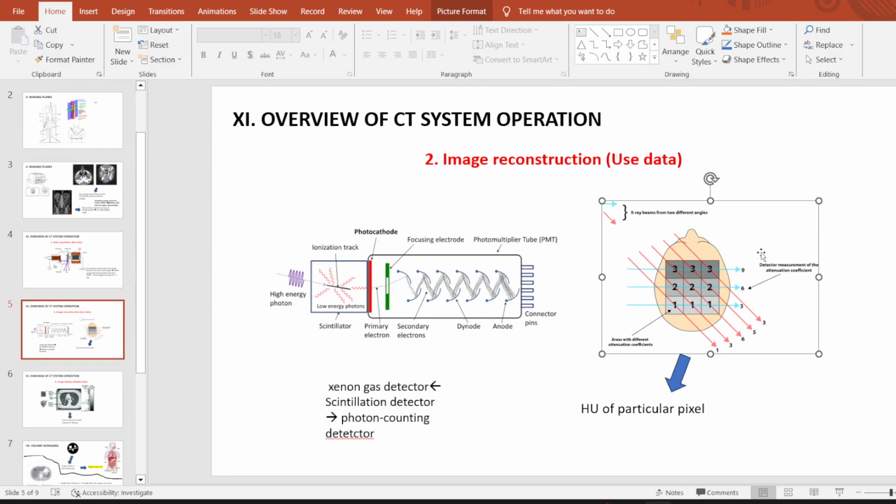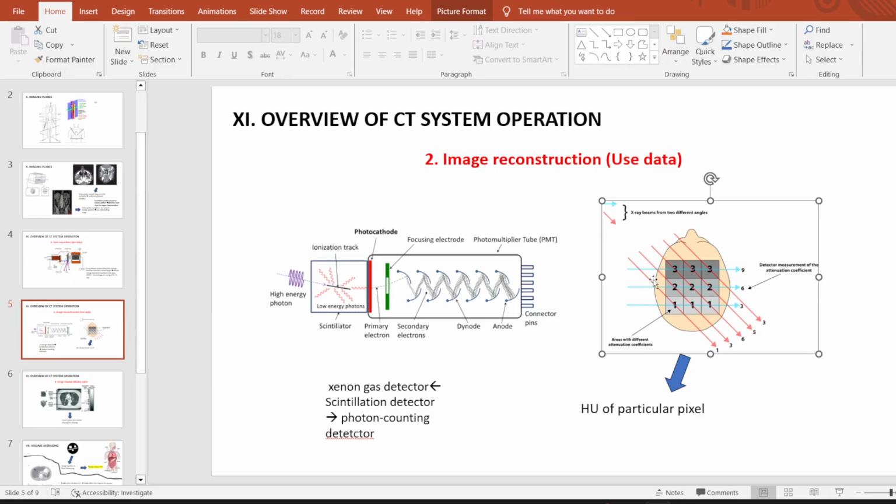We apply math to analyze the remaining X-ray that meets the detector, and after that we can label every single pixel of our matrix with a particular Hounsfield unit.